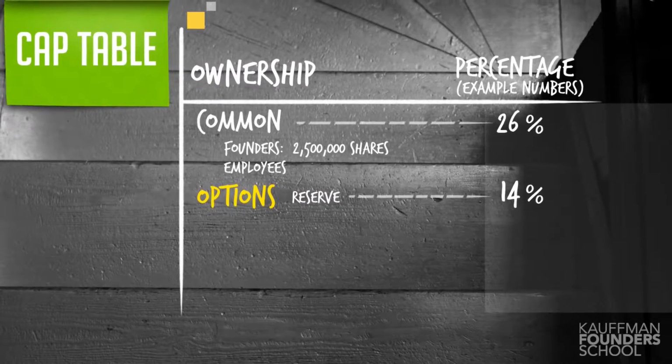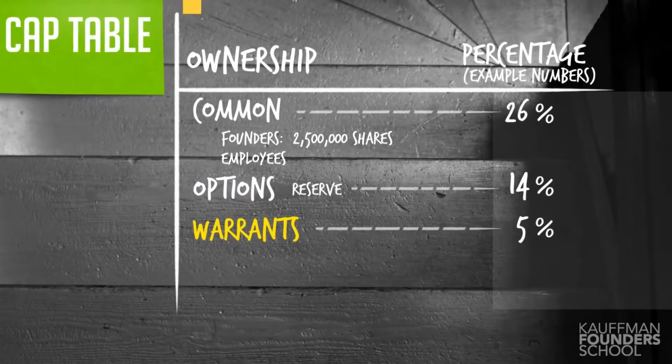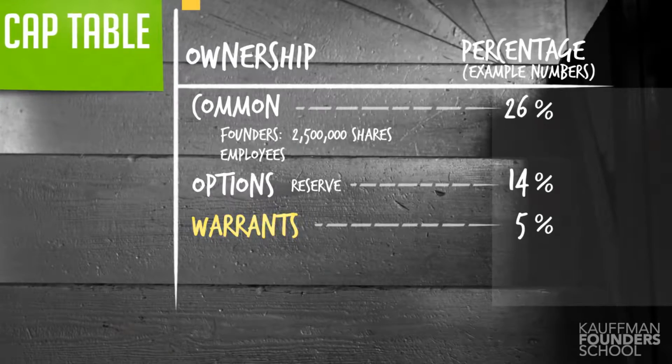The other thing that may show up in your cap table are warrants. This is sometimes confusing to entrepreneurs because it's unclear what the difference is between an option and a warrant. Well, an option generally is governed by regulations regarding qualified stock options, which the IRS regulates in terms of their taxability.